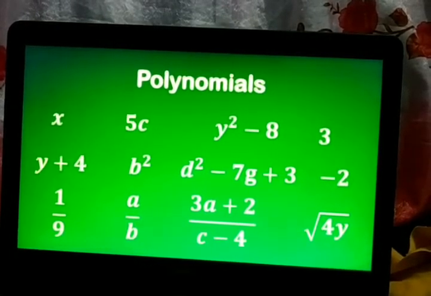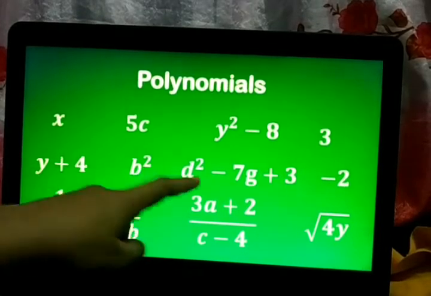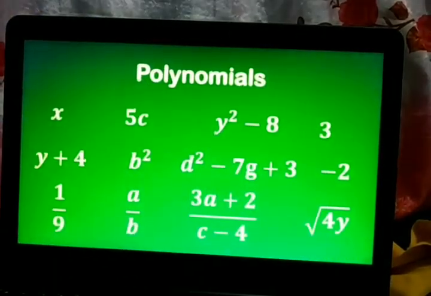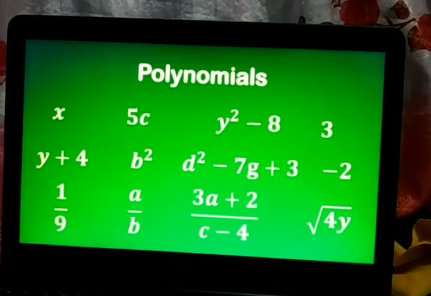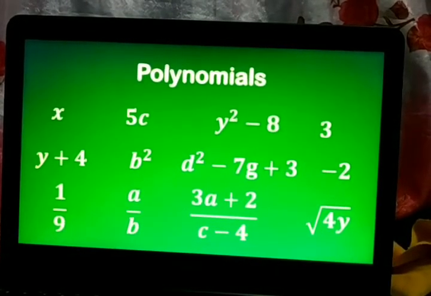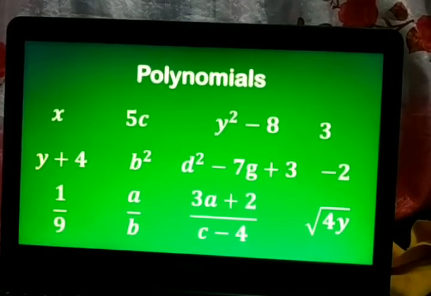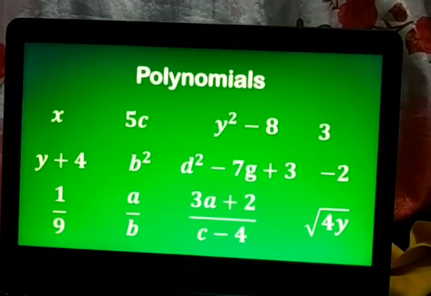Or it can also be trinomials, like this, d squared minus 7g plus 3, as long as it is a combination of variables or letters, constants, or numbers of any sign, may it be positive or negative.